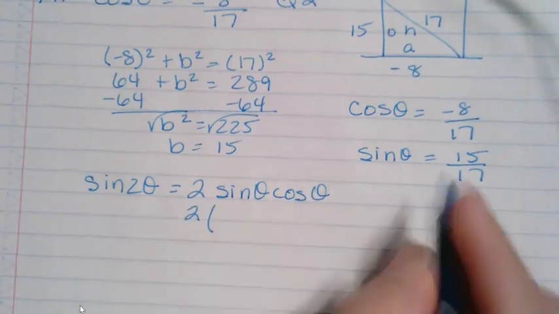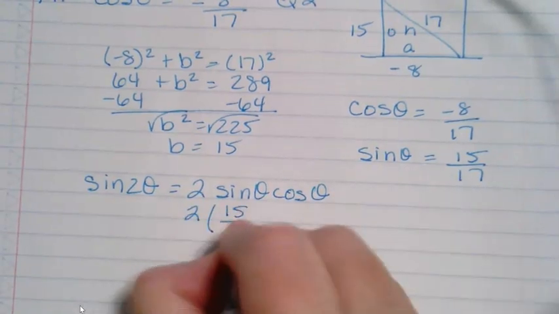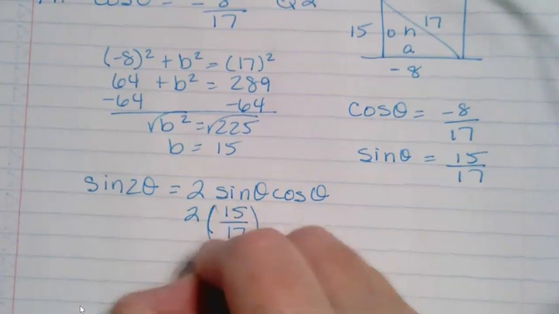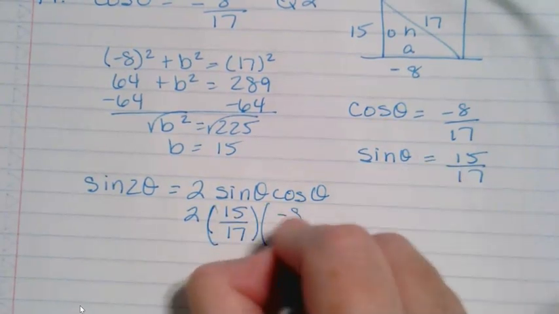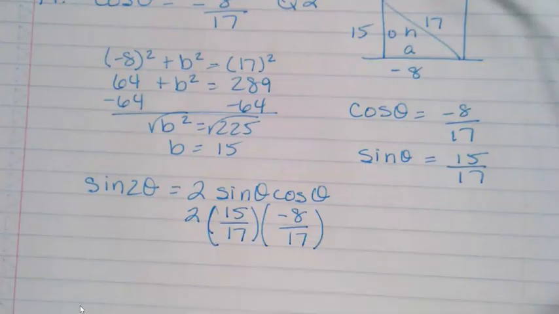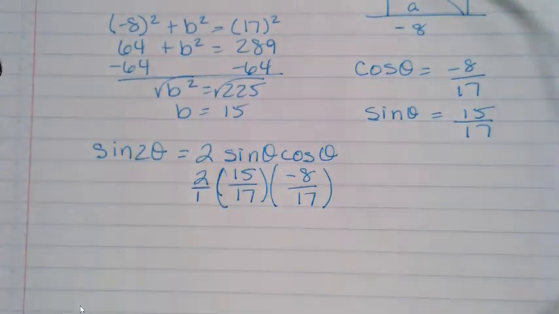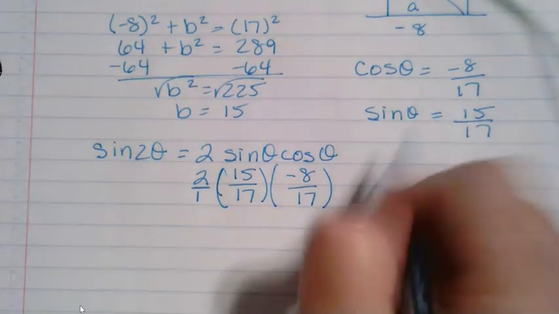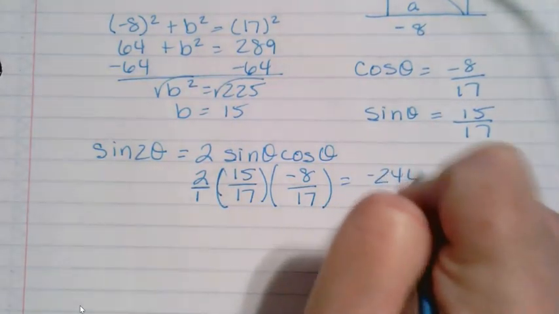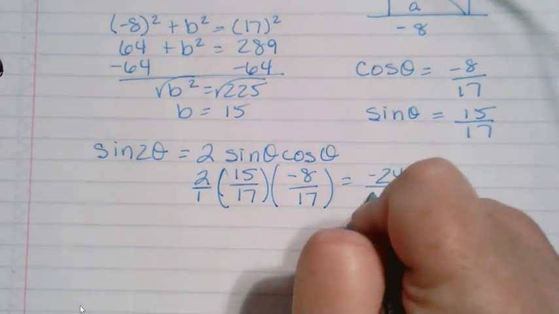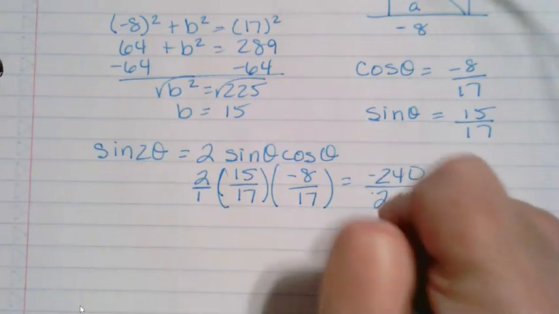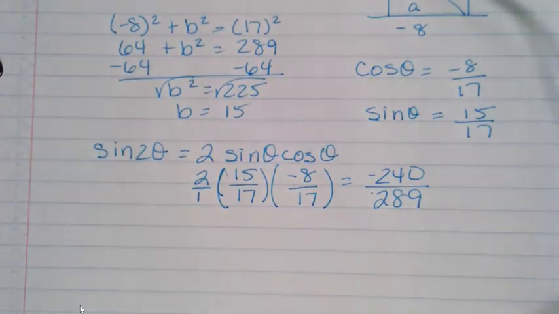So 2 times sine, 15 over 17, times cosine, which is negative 8 over 17. Please be careful, make sure 2 is over 1. So 15 times 2 times negative 8 is negative 240 over 1 times 17, which is 289.